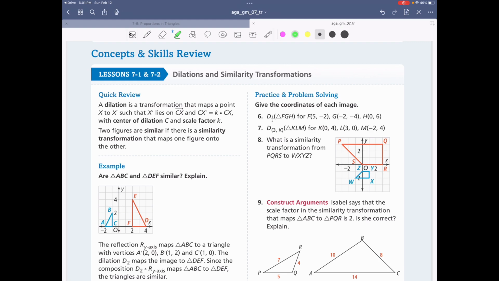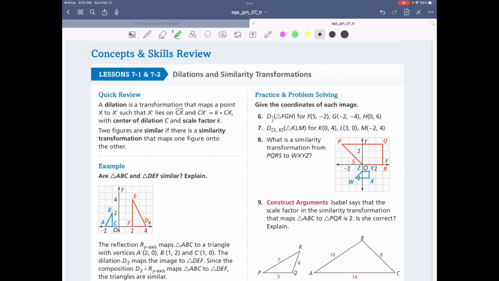Lessons 7.1 and 7.2 have to do with dilations and similarity transformations. A dilation is a transformation that maps a point x to x prime such that x prime lies on the vector cx and cx prime equals k dot cx, with center of dilation c and scale factor k.